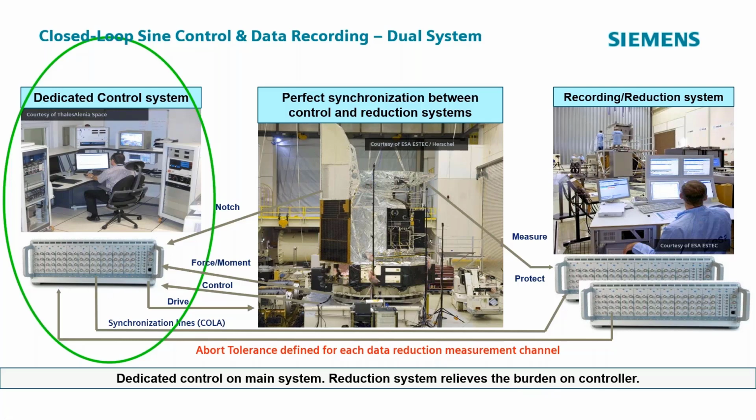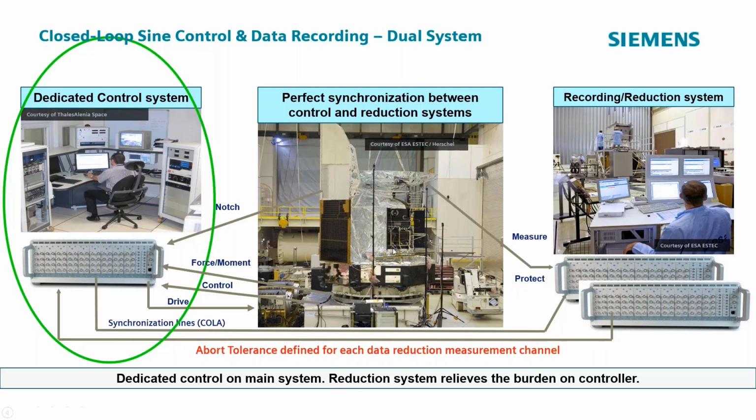In years past, when you had limitations in PCs and what front ends can do, this was super critical. These days, we've done a lot of work in hardware to be able to sync many hundreds of channels into one controller, but the legacy is still this data reduction system.